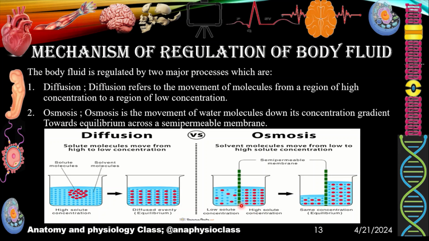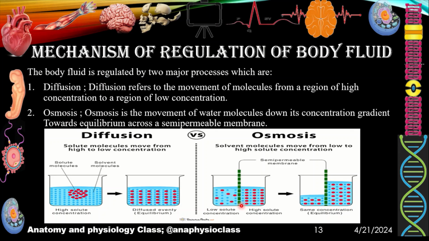When the concentration of some substances is higher inside the body fluids, the substance with the higher concentration in the body fluid will try to migrate into the cells so as to maintain an equilibrium.